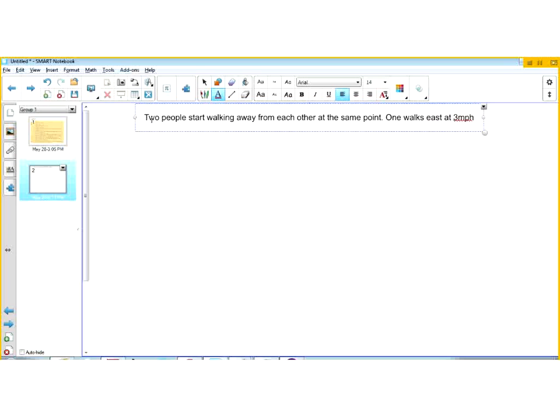Okay, and let's see what else. And the other walks northeast at 2 miles per hour. Okay, and so the question is, how fast is the distance between the people changing after 15 minutes?